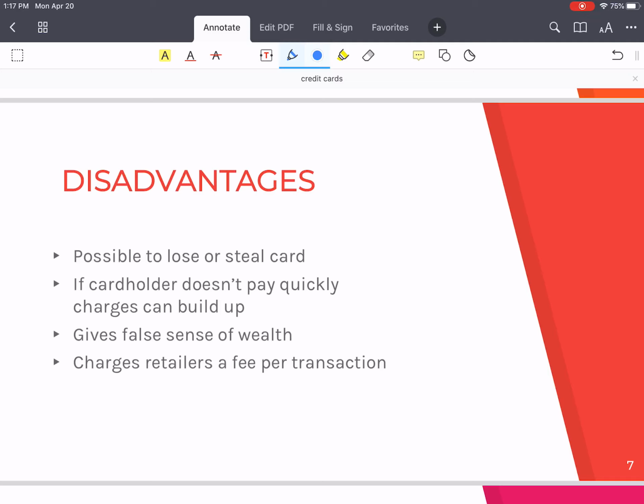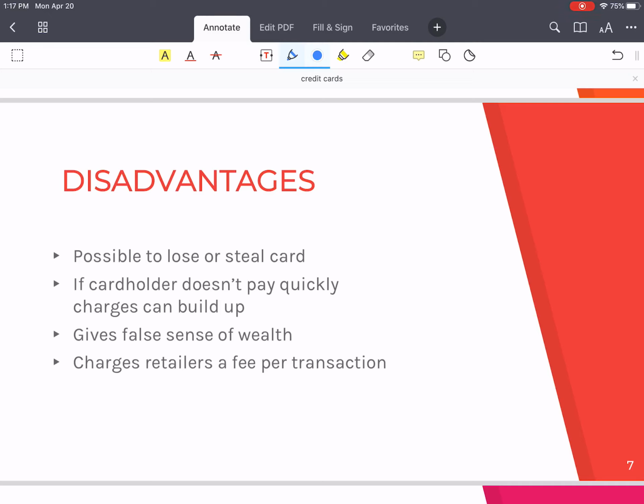A disadvantage of using credit, especially if you're buying from a small business and using the machine for a very small transaction: that's why a lot of small businesses have a minimum credit limit on their machine, like a $5 minimum purchase, because the bank is going to charge a fee to the retailer per transaction on your credit card.